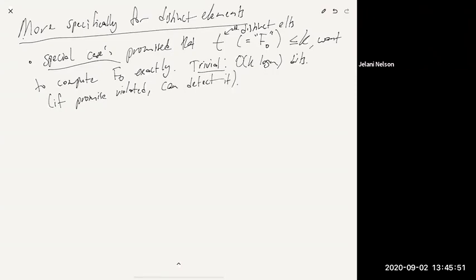If you promise me that the number of distinct elements is at most k, but then when I process the stream, you actually give me a stream that has more than k distinct elements, I'll notice that. Because at some point I'll see the k plus first element and I'll say, wait, this doesn't match anything that I'm currently storing. And I can throw an error.